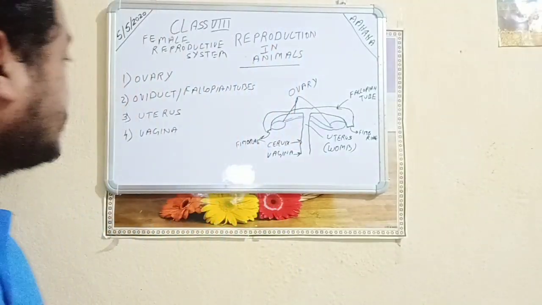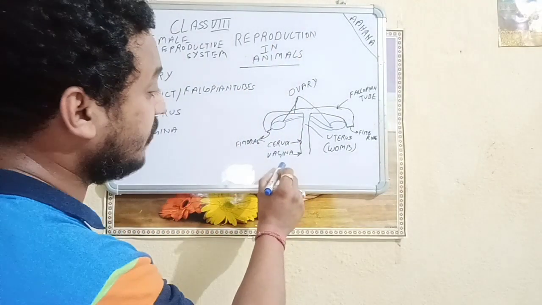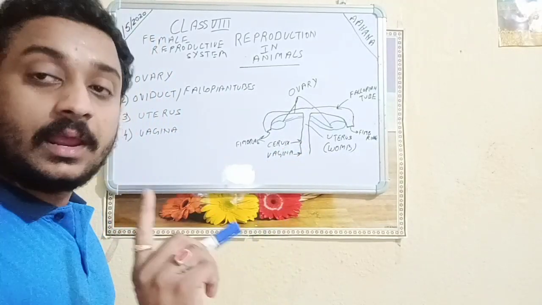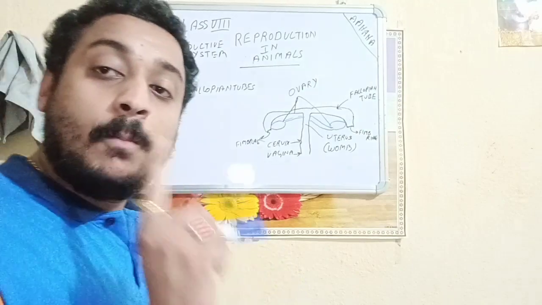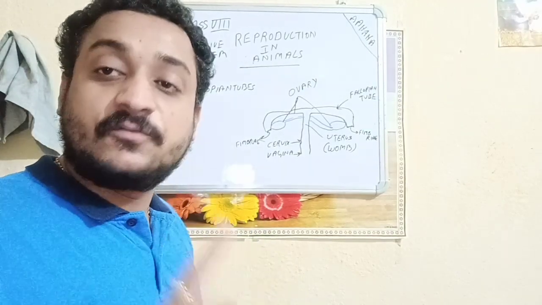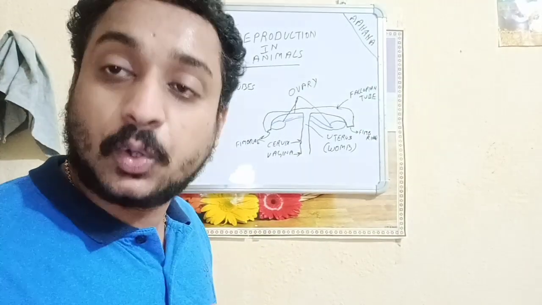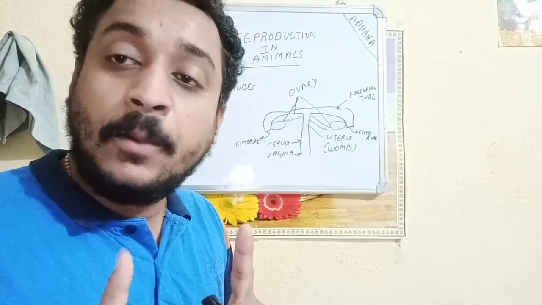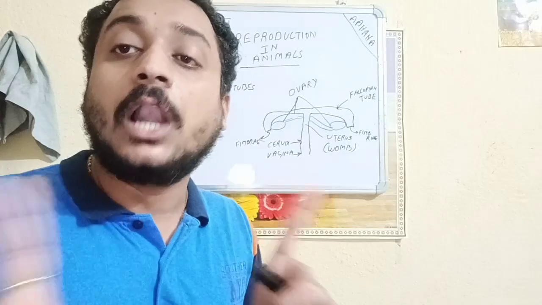Now, the next part. Whenever we are talking about the vagina and the cervix, the human female does not have a common opening for passing the menstrual flow and passing the urine. The opening of the urine and the opening of the vagina are separate.